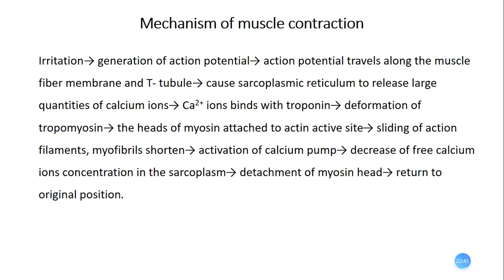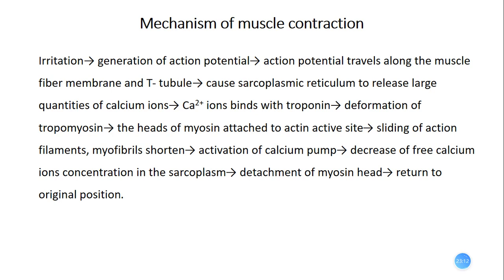The calcium ions initiate attractive forces between the actin and myosin filaments, causing them to slide alongside each other, and this is called the contractile period.